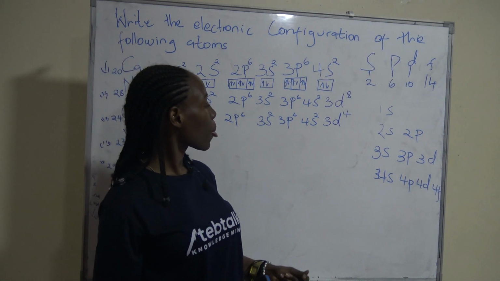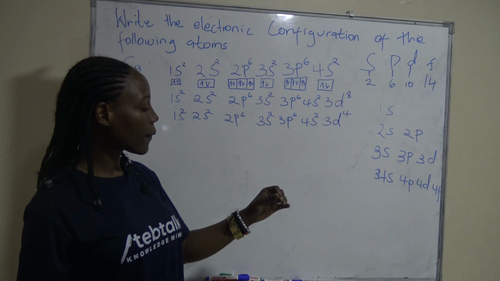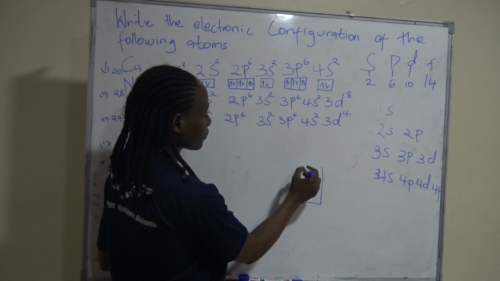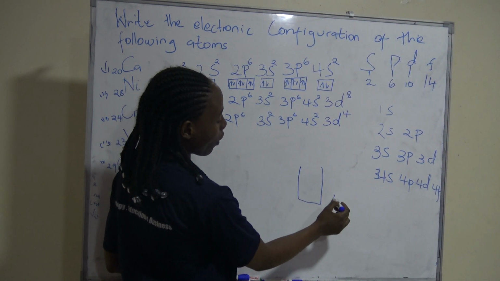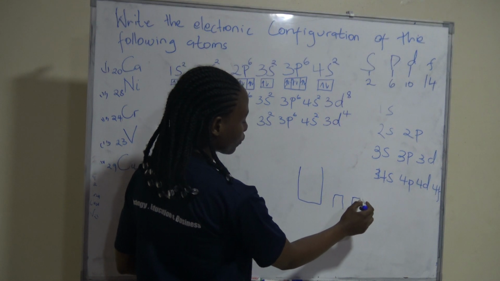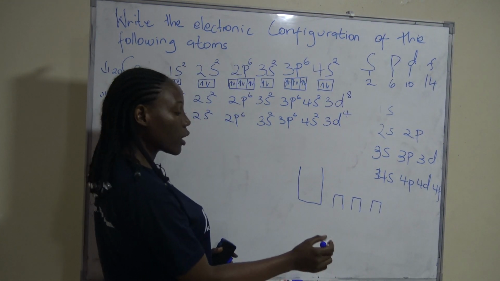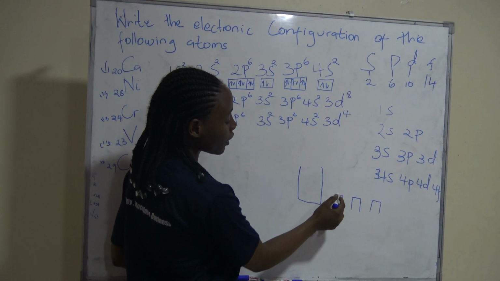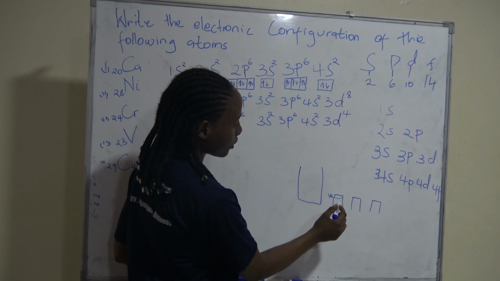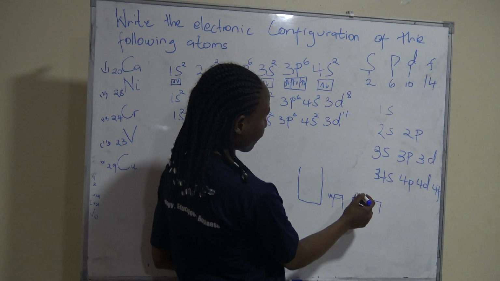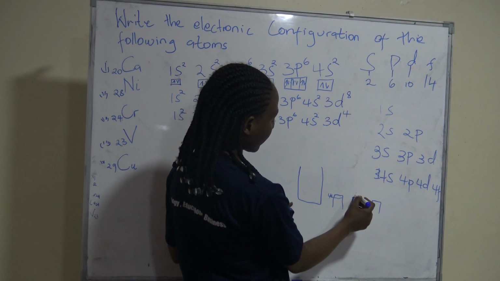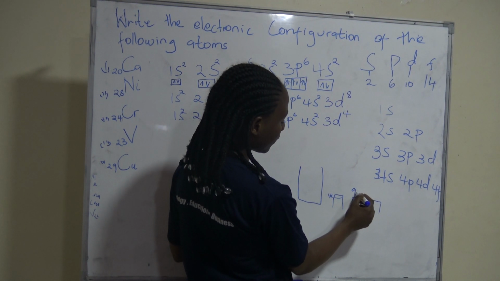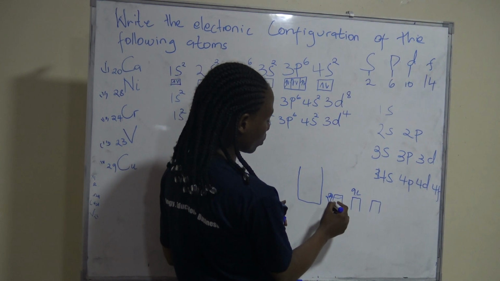Take an example: you have a 20-liter jerry can, and then you are pouring in 5, 5, 5. Then you realize that in this one we have 4 liters, while in the other one of 10 liters we have 9 liters, and here we have 2 liters.